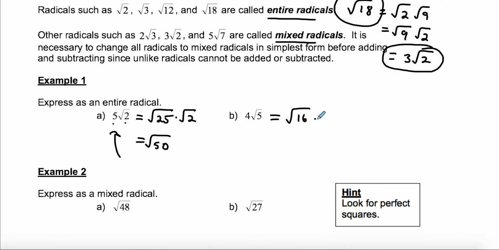So that's the same thing as root 16 times root 5, because the square root of 16 is 4. So if I multiply those together, I get the square root of 80. That is the entire radical, but we are much happier with the mixed radical than we are usually leaving our answer as an entire radical.